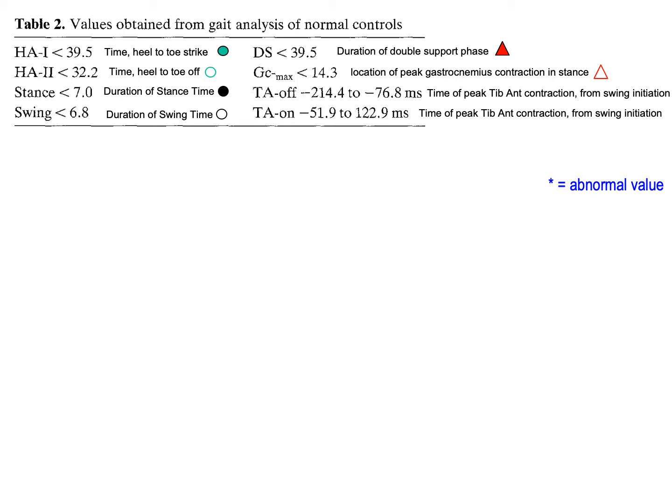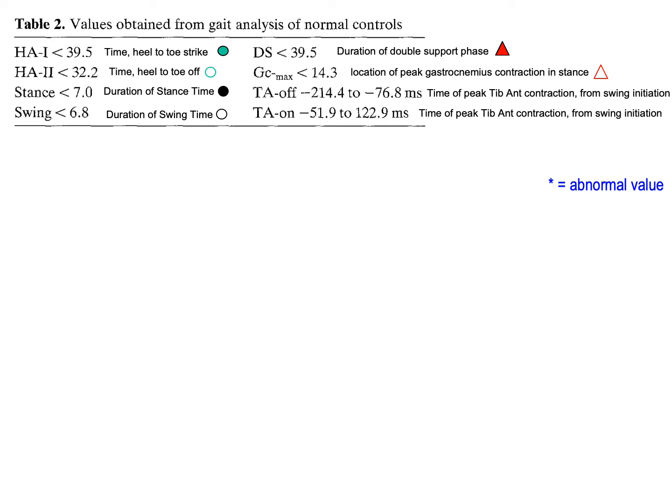HA2 is the time from heel to toe off, and that's noted by the white circle with the green line. The stance is the duration of stance time, so it's a temporal metric again. How long did they spend in stance, and that's the closed black circle. The duration of swing is the open white circle. And then the duration of double support I've indicated with the red triangle.